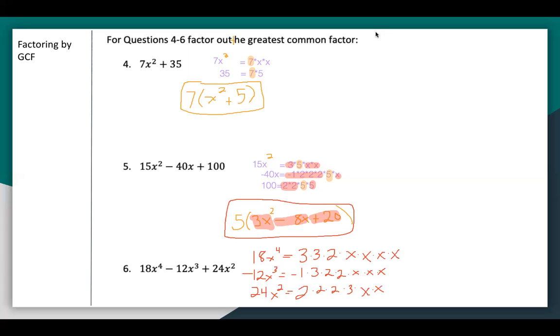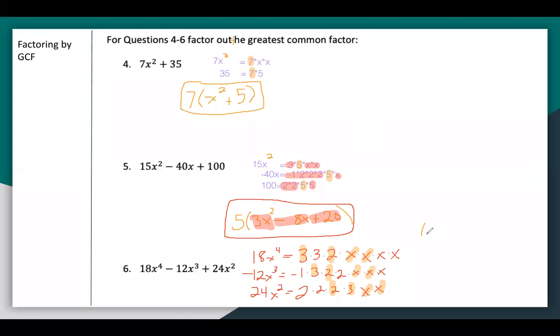And so taking a look at this, what is our greatest common factor? Well, we notice there's a 3 in each. There's a 2 in each. So 3 times 2 is 6, but there's also an x squared in each. So our greatest common factor here is 6x squared.